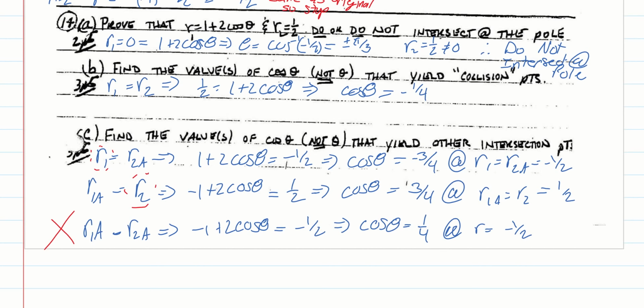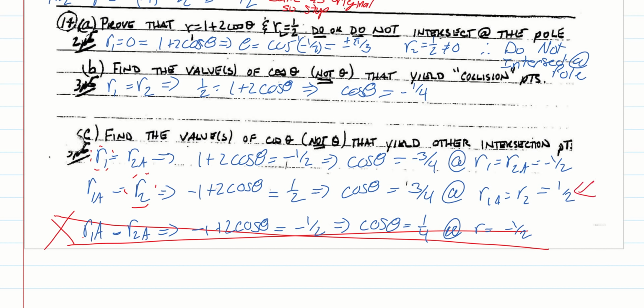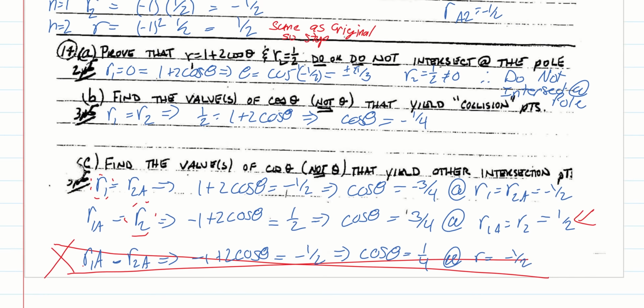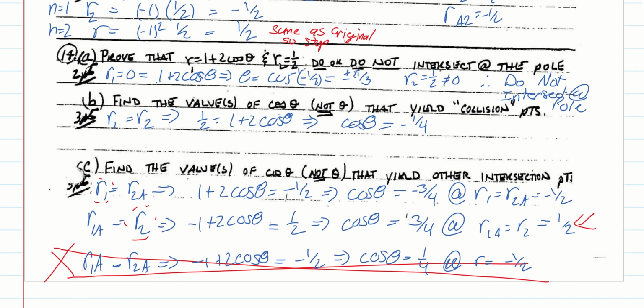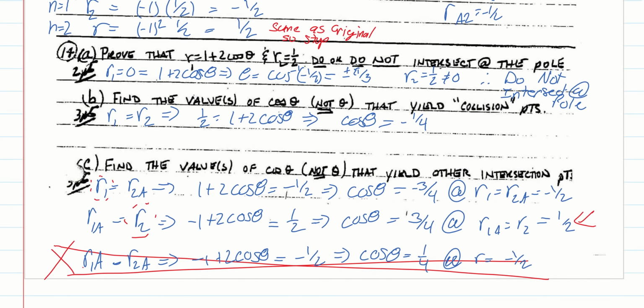We need to use one of the original equation combinations, not the alternates, because if you do cosine theta 1/4 at -1/2, it's the same as a point we already have. So we didn't need to do that. Don't do the alternates.